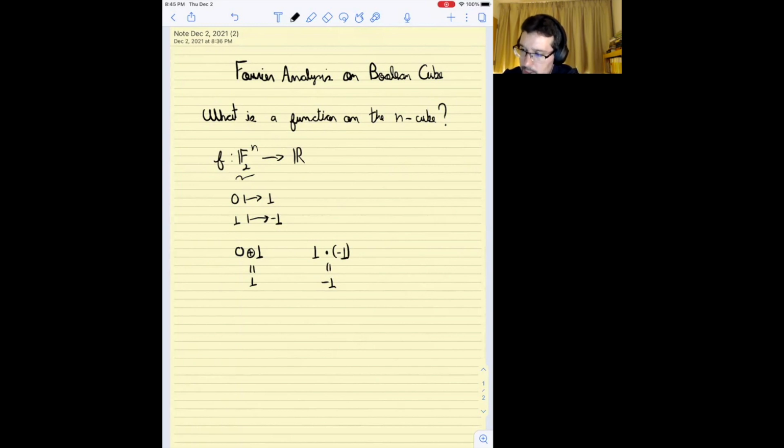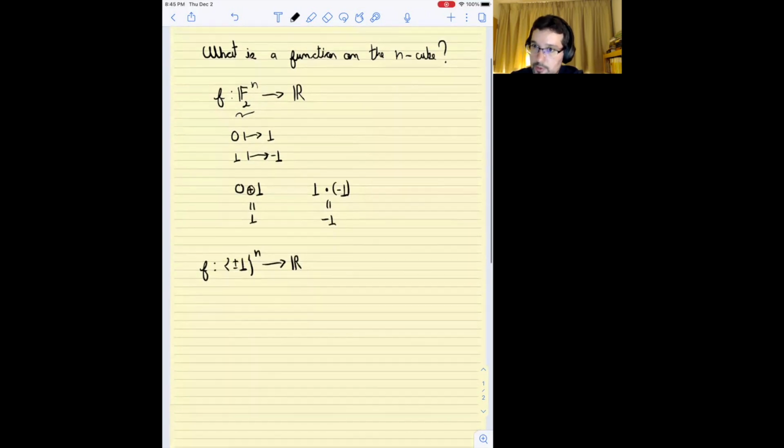Okay, very good. So in this language, instead of working here, it might be more convenient to think that we are working on plus minus 1 to the n, mapping to the reals. It's completely equivalent. And it's convenient to define a collection of functions.